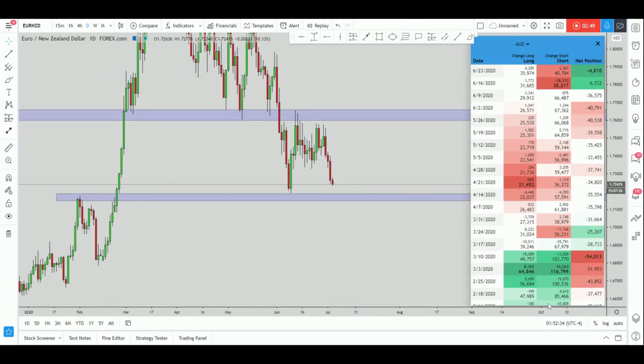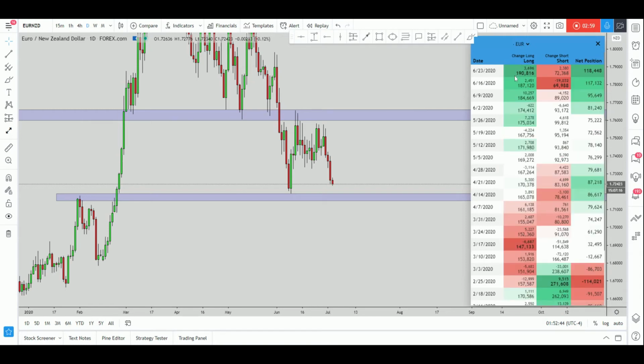Let's go and see what we have from a COT perspective, so commitment of traders, what big banks and institutions are currently doing in the market. Let's first check what we have from a euro perspective. If we check the euro from a COT point of view, we can see that currently we went from minus 114k net positions all the way up to plus 118k net positions.